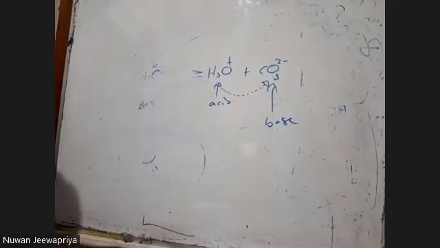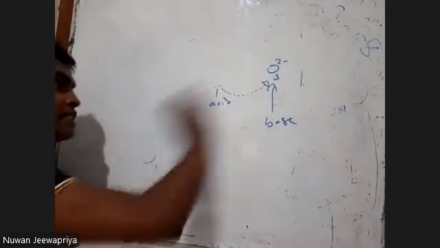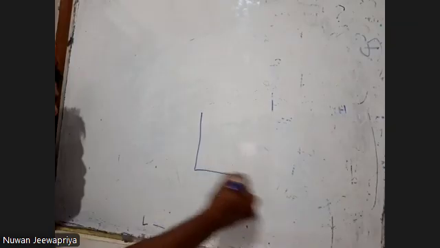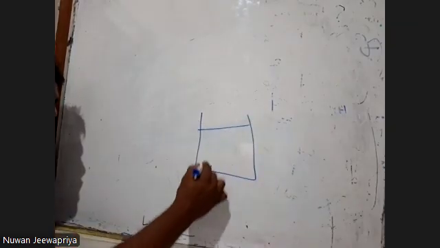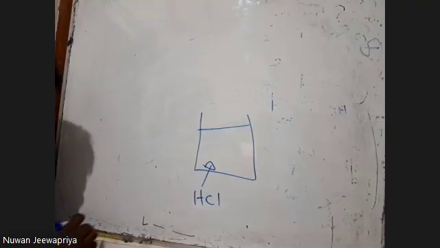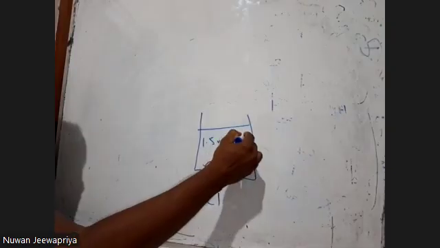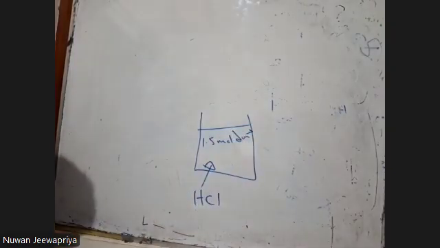So I have a solution of hydrochloric acid, my HCl solution, where the concentration is 1.5 moles per cubic decimeter, right?